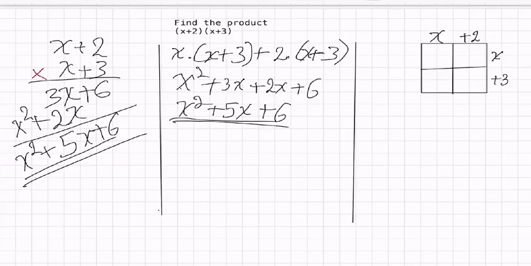Let's multiply. 2 times x is 2x, and x times x is x squared. Again, 3 times 2 is 6, and 3 times x is 3x.